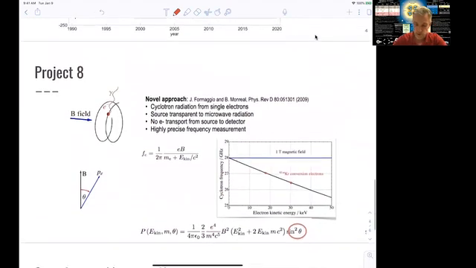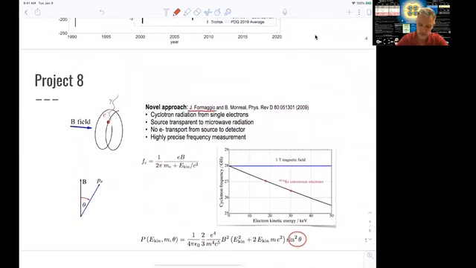There's a new approach which has been proposed by Joe Formaggio from MIT, which changes the way the electron energy is being measured. The idea is to have the decay happen in magnetic fields and use the cyclotron radiation of single electrons. The advantage is that one doesn't have to move the electron into a spectrometer, but can immediately measure the energy of the electron.